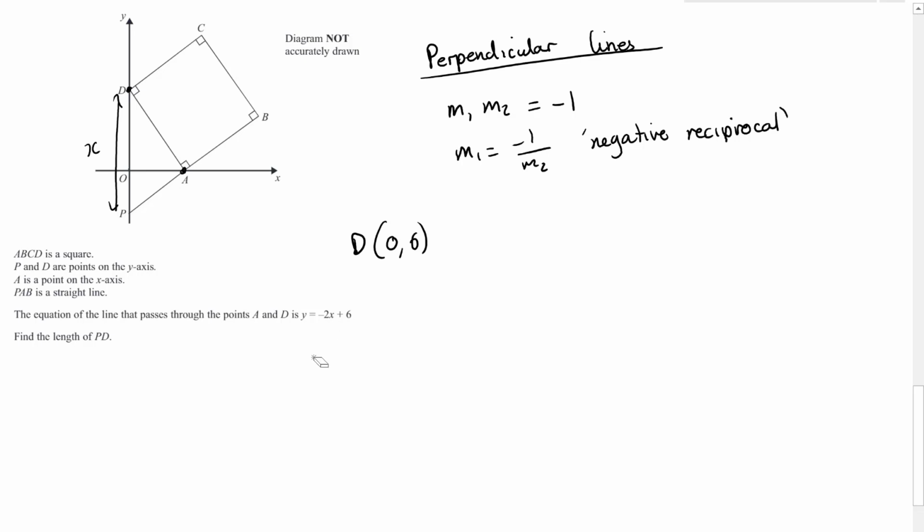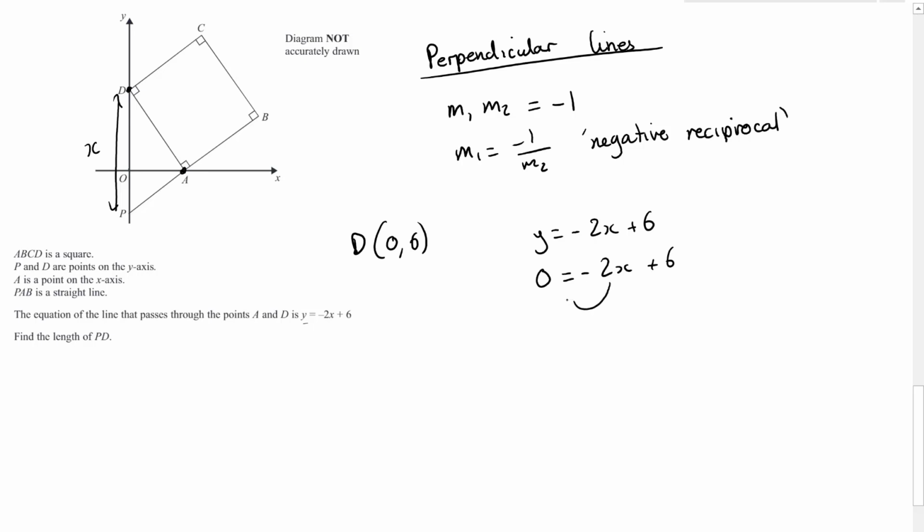Okay, now point A is on the same line, but now instead of the x value being 0, the y value is 0 because we're along the x-axis. And so we have to put 0 into this and then solve for that equation. So if y is equal to -2x plus 6 and y is 0, 0 is equal to -2x plus 6, and now we have to solve this for x.